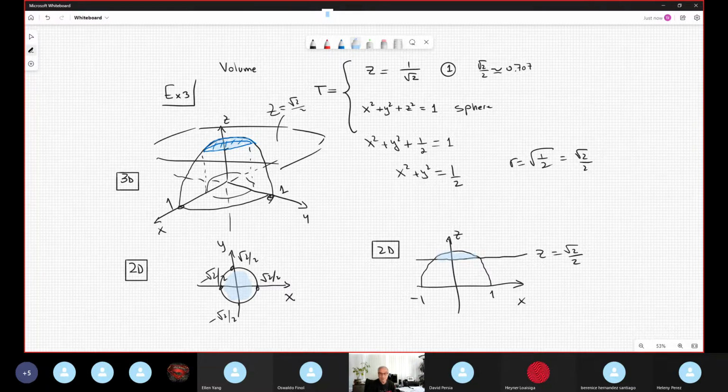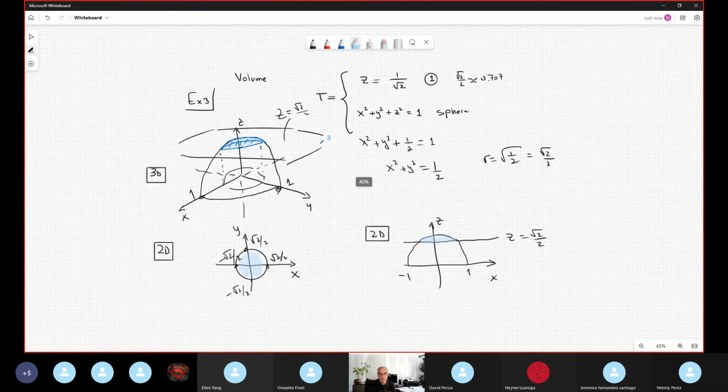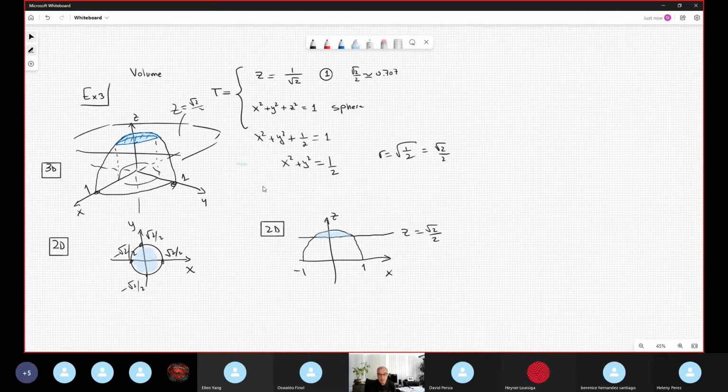Okay, ready to set up the triple integral. In this case, it's a little bit complicated. Let me try. Triple integral. Integral of function 1.